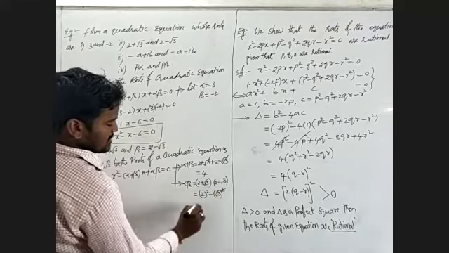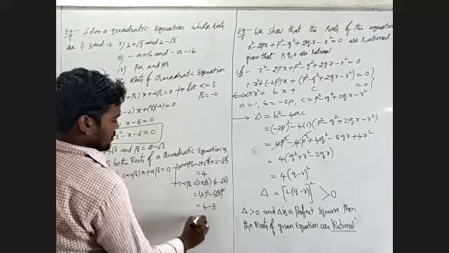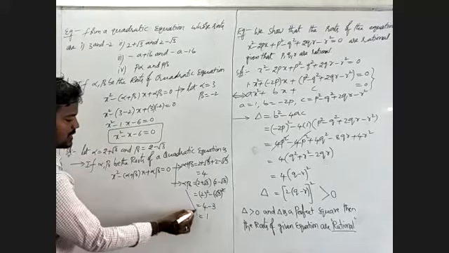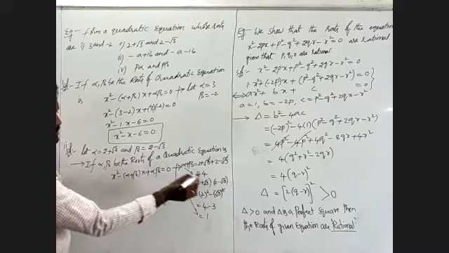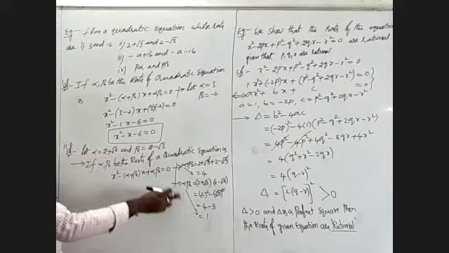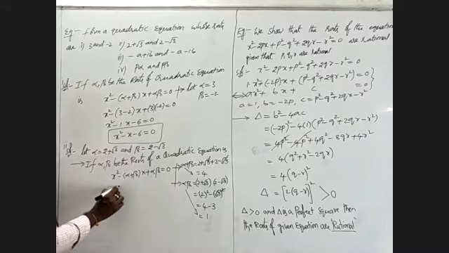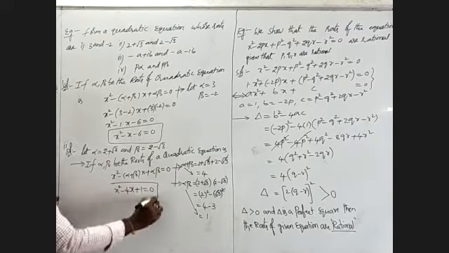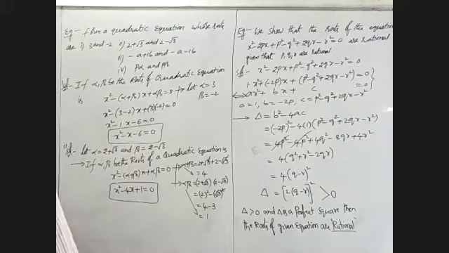Square and root will be cancelled. Remaining 4 minus 3, that value is 1. Substituting both values, alpha plus beta is 4 and alpha beta is 1, so x square minus 4x plus 1 is equal to 0. This is the second one.